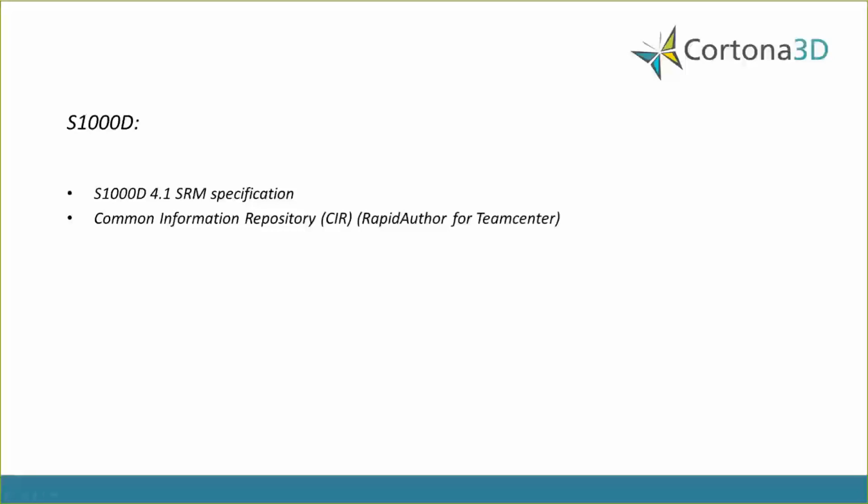Now, the big area that we've been working on is the implementation of common information repository, and this really only works with Teamcenter. So if you are a user of a standalone RapidAuthor, you will not be able to make use of this. Let me show you the basic principles of what it is.